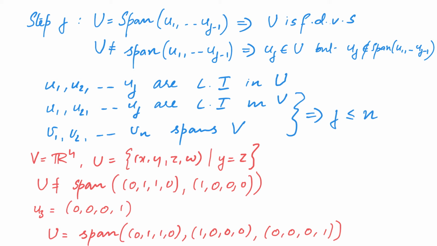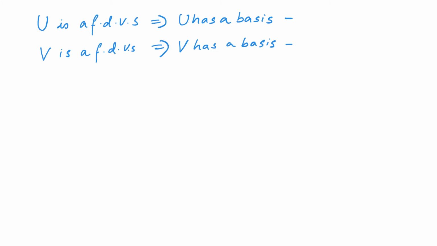Thus, we have successfully proved that the subspace of a finite dimensional vector space is another finite dimensional vector space. Now, it remains to prove that the dimension of the subspace is less than or equal to the dimension of the vector space. Notice that as U is a finite dimensional vector space, U will have a basis.